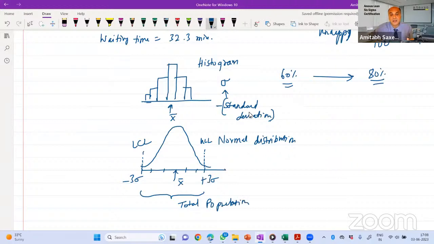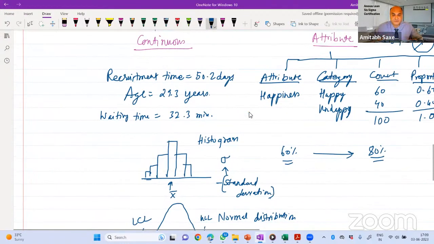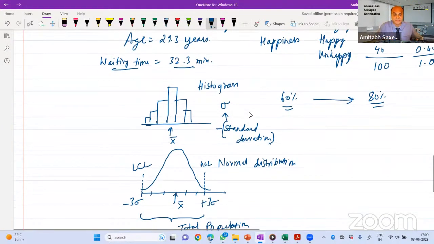Means I have collected 30, 40 samples of waiting time of patients. And their average is, let's say, 30 minutes. So average is 30 minutes and standard deviation is 5 minutes.